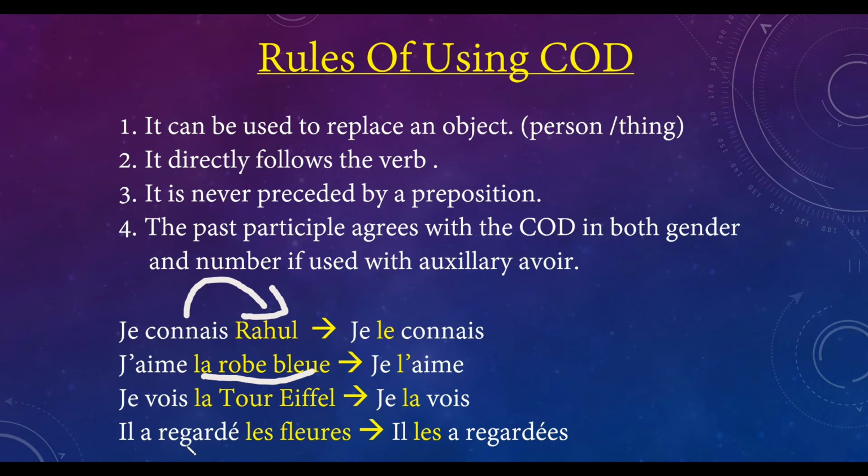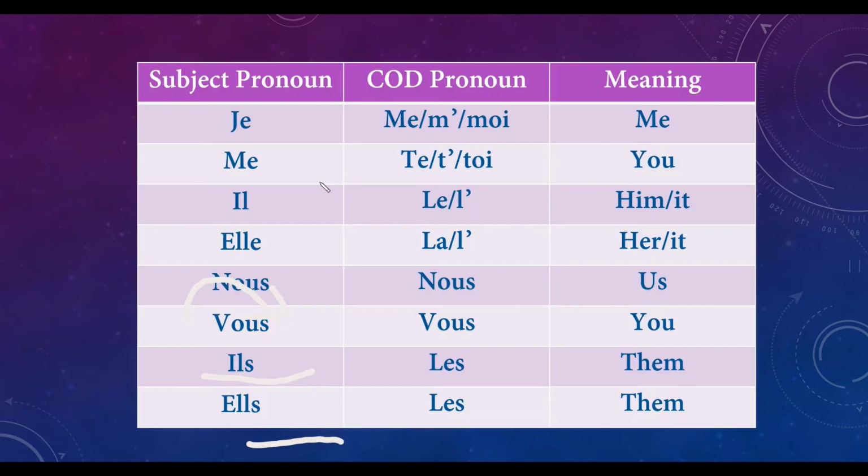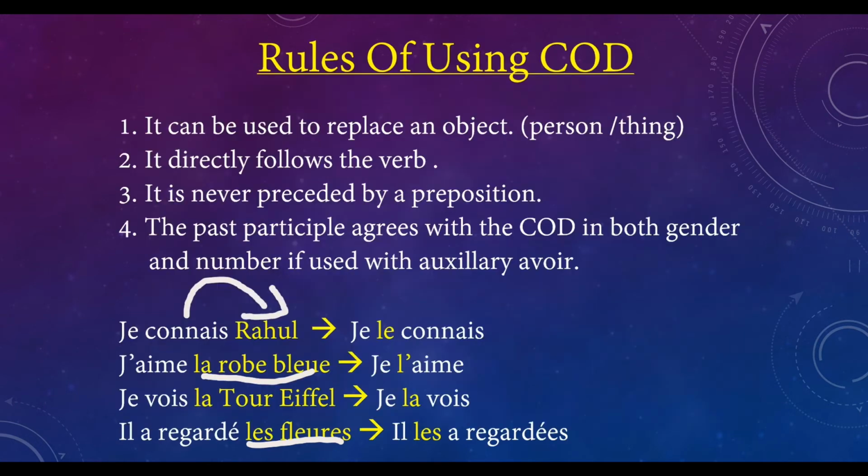When you are replacing a direct object in a sentence in passé composé, you can see les fleurs, which is what? Feminine singular? No, feminine plural. What will you use? Les. Okay, so that much is clear that you will use les.